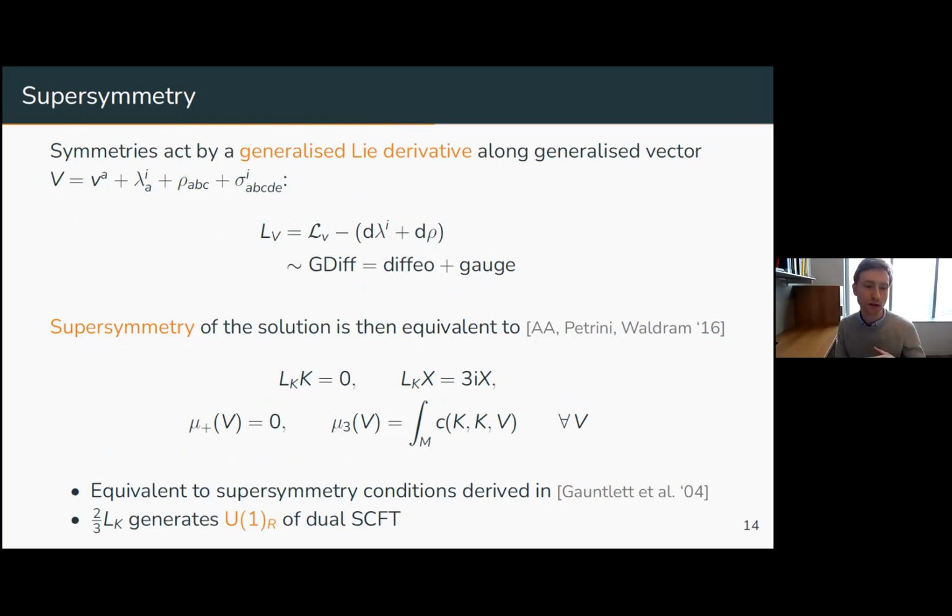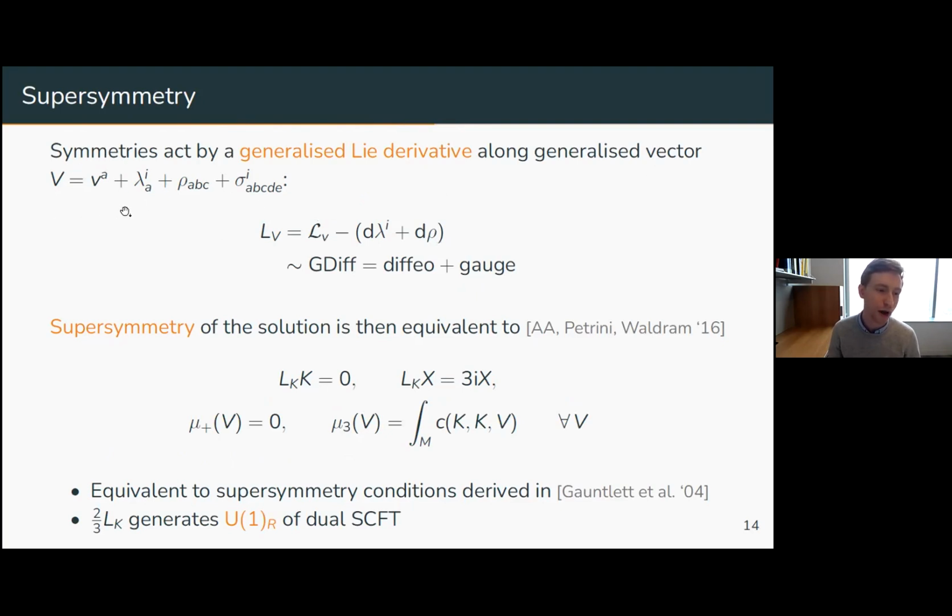Obviously, supersymmetry imposes differential conditions on these objects as well, just like the exterior derivative of those invariant tensors for Sasaki-Einstein. And the key to finding these differential conditions is to think about how symmetries act. So symmetries act in generalized geometry via a generalization of the Lie derivative. And you take this Lie derivative along some generalized vector field, which I've just called V here.